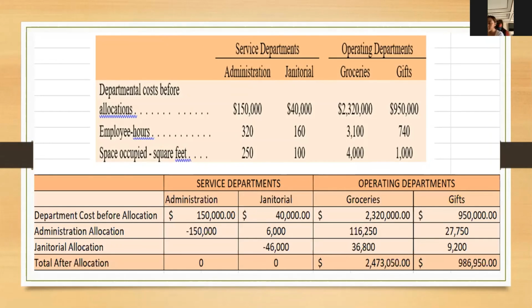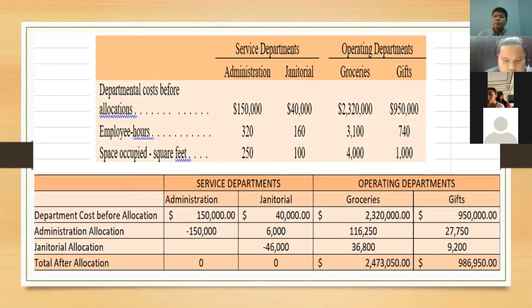So makukuha po natin yan yung groceries total allocation by 46,000 times 4,000, which is in groceries space occupied square feet, divide the total square feet po, which is 5,000, it equals to 36,800. So yung isa naman po sa gifts is 46,000 times natin sa 1,000, divide sa 5,000 total allocation, total space occupied square feet equals to 9,200.